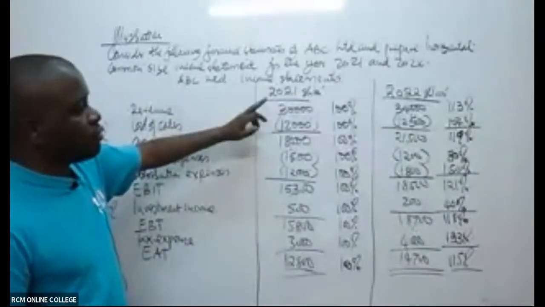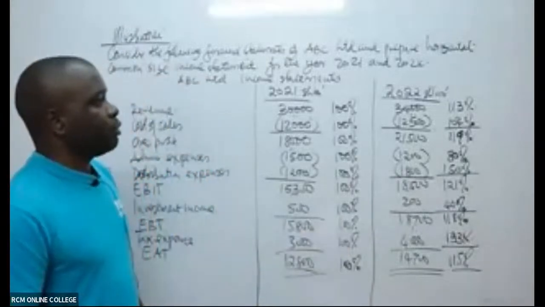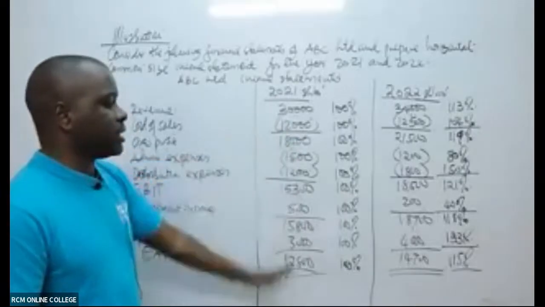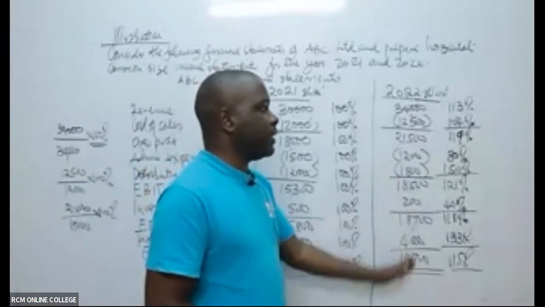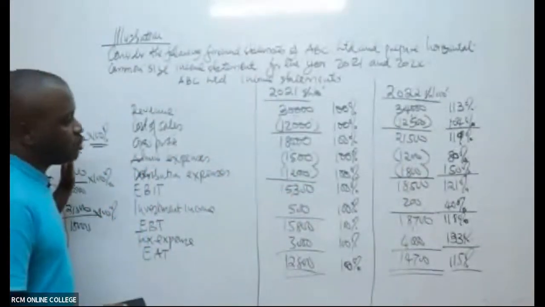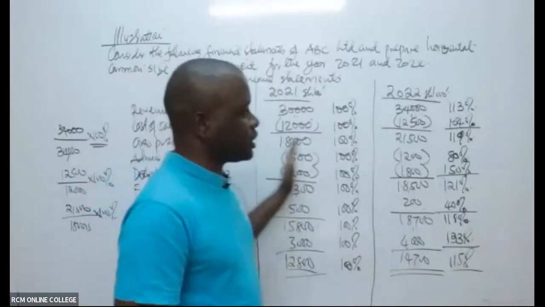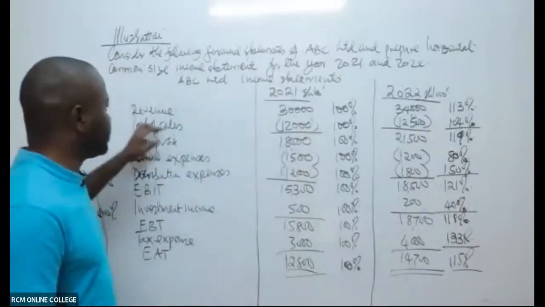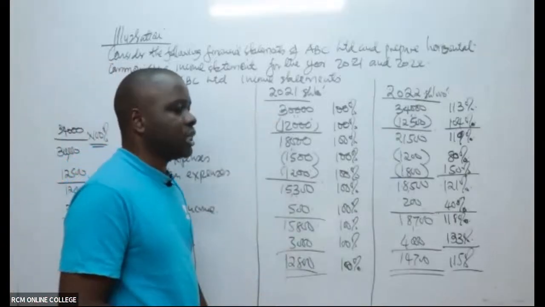If you went to the balance sheet, you would do the same: use the items for 2021 as the base, all at 100%, and see whether there was an increase in percentage for 2022. That is analysis horizontally. Horizontal goes like this, but vertical is like this, where you use this item as the base and convert all the other items into percentages.